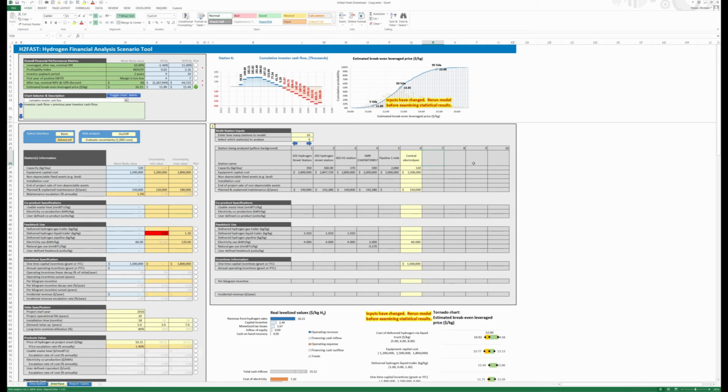Then you might have a compressor for pipeline, you would have a pipeline, and then you have distributed station number 1, or you might have trucks. You can specify in user-defined units.